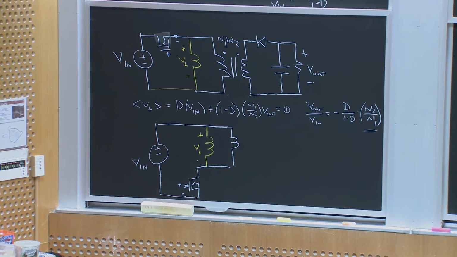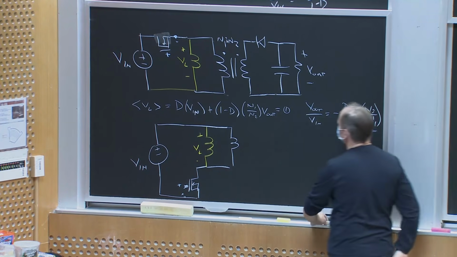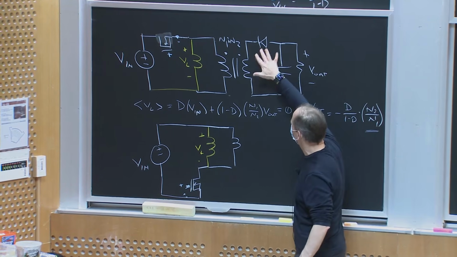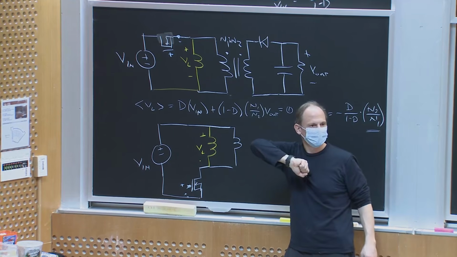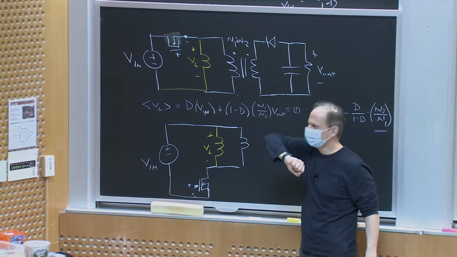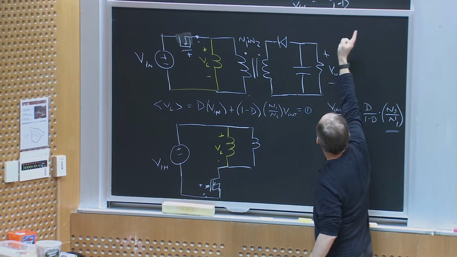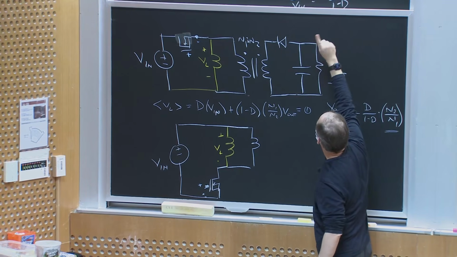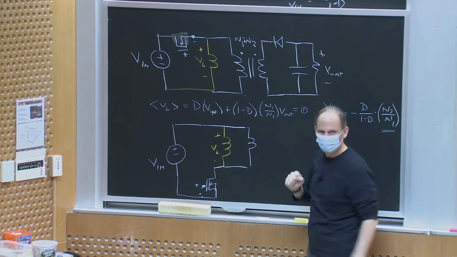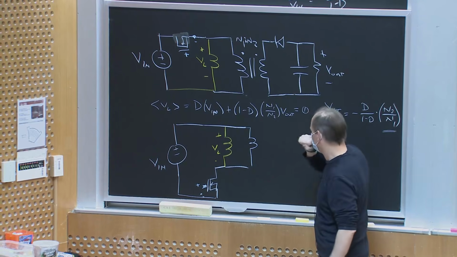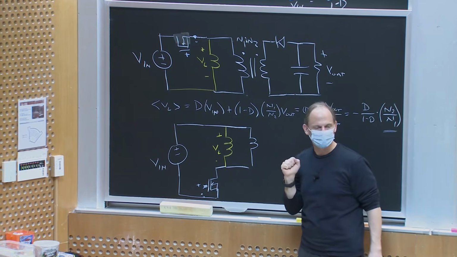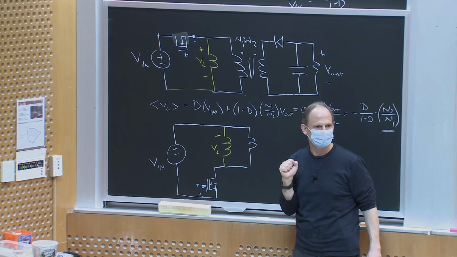What's another thing I could do here? There's nothing that says which way this output has to be referenced, right? Because in the original circuit, I was forced into this inversion between output and input by the orientation of the inductor. Well, here, I could just flip this transformer around if I wanted.